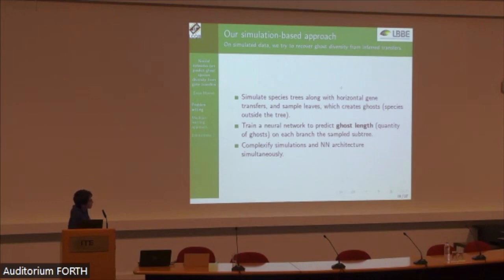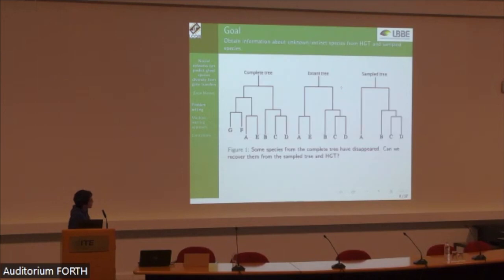What we call ghost length is this: A here still exists, but E doesn't exist, F doesn't exist, and G doesn't exist. But you attribute the sum of these lengths, this one, this one, this one, and this one, to A. So that's what you're trying to predict for A.